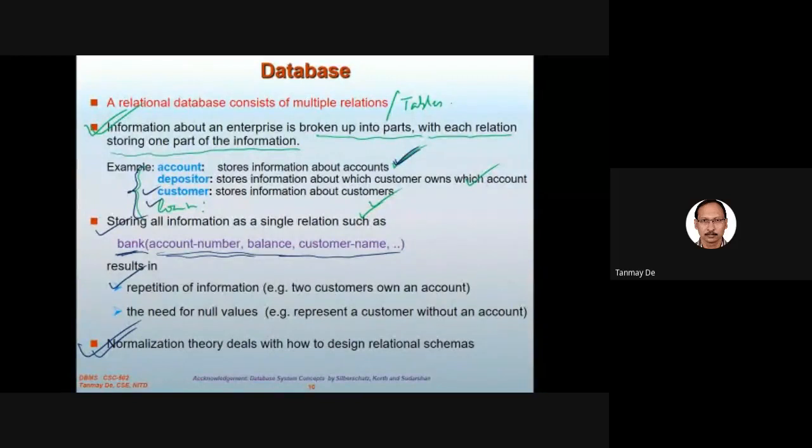So all the information is not stored in a single relation or table. Rather, it is divided into a number of relations, and each relation consists of part of the information, that is, some subset of the information about the organization or enterprise.